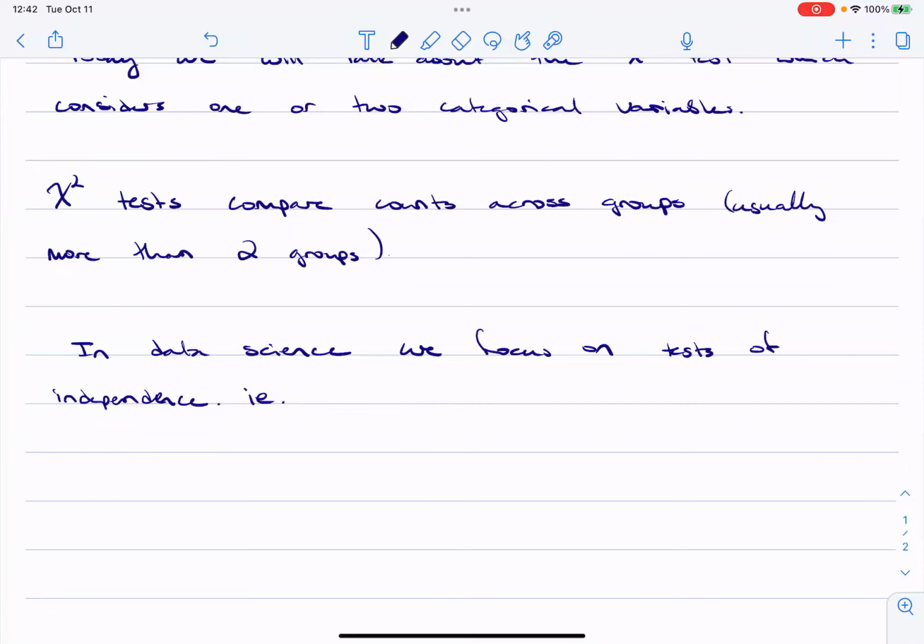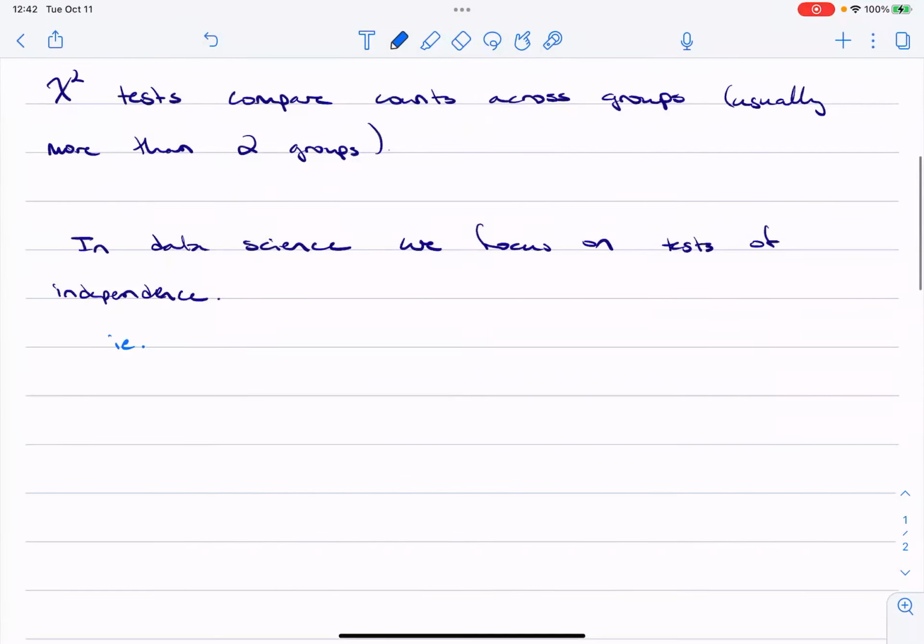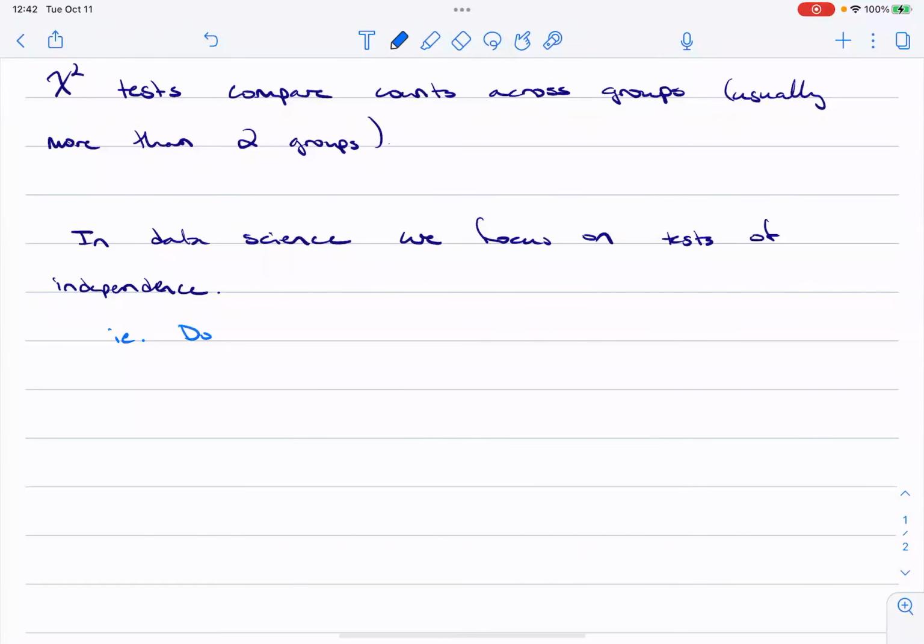So that is things like, is this website generating more clicks, significantly more clicks than this other website or these other websites? Or is this just happening by chance alone? So that is, does this website generate more clicks than other websites?